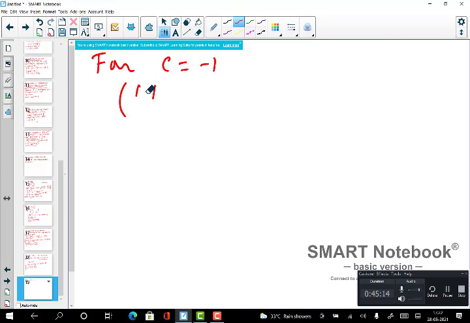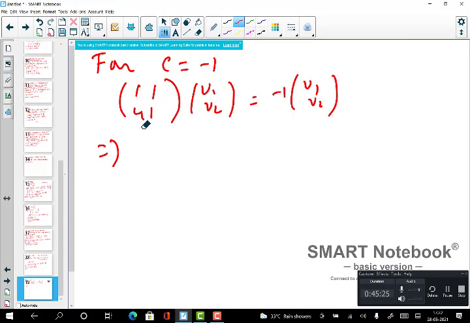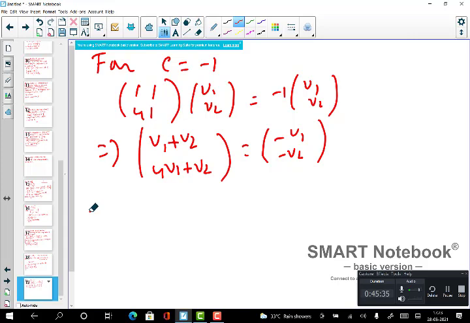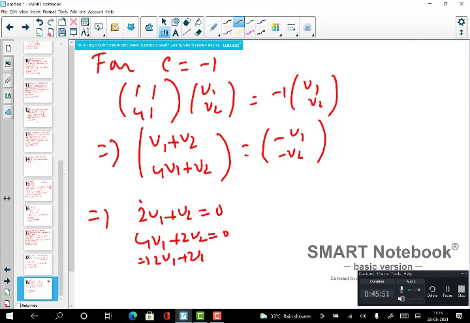You take the matrix 1 1, 4 1 times v1 v2, that has to equal -1 times v1 v2, so this gives you v1 plus v2, 4v1 plus v2, equal to -v1, -v2. This gives the equation 2v1 plus v2 equal to 0, and 4v1 plus 2v2 equal to 0, which is also the same as 2v1 plus v2 equal to 0.